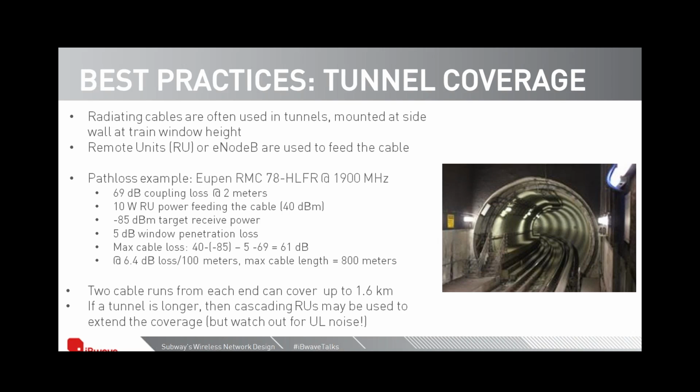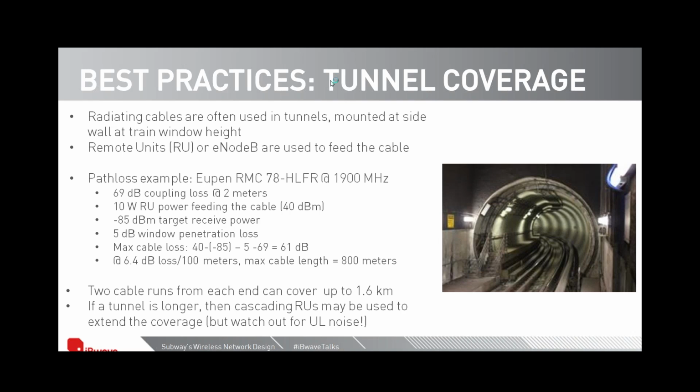And as we said, the signal can only propagate through windows, so those radiating cables should be mounted at the sidewall at window height, midway at window height. And those radiating cables or Yagi antennas, whatever you're deploying, should be fed by eNode B or remote unit, and those should be positioned at the tunnel entry.